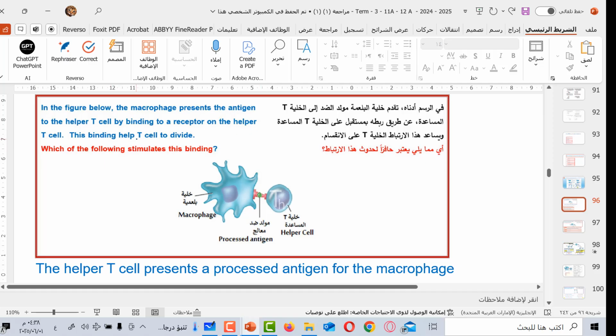This binding helps the T cell to divide. Which of the following stimulates this binding?